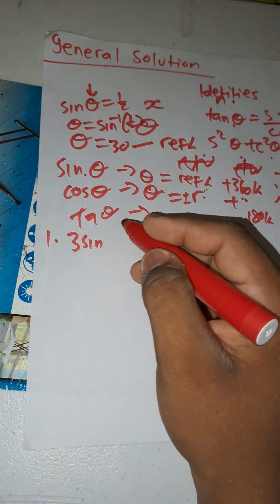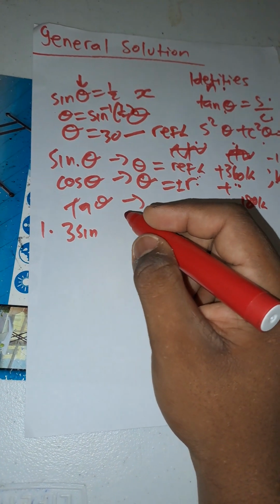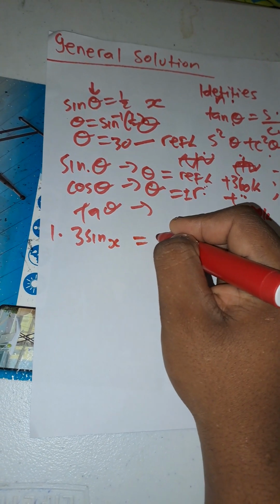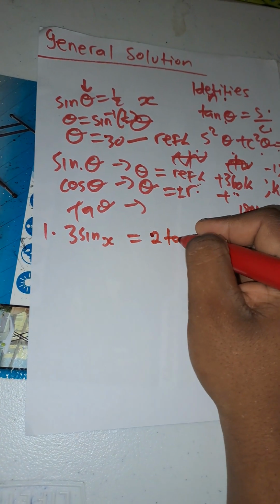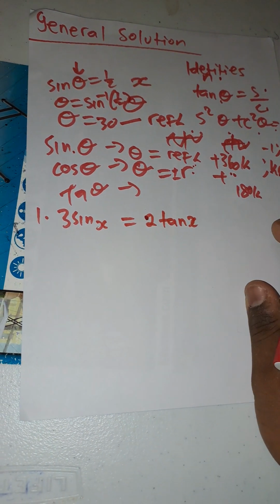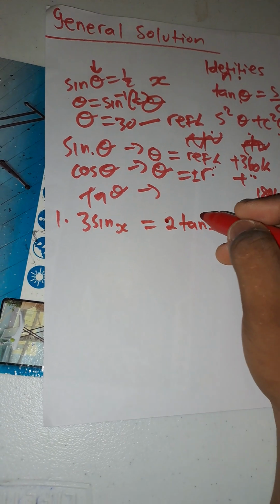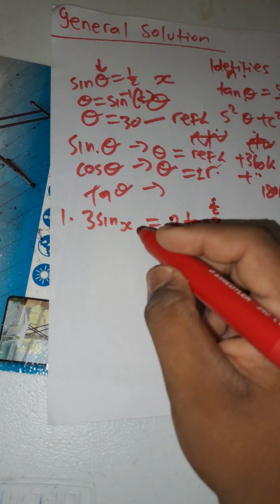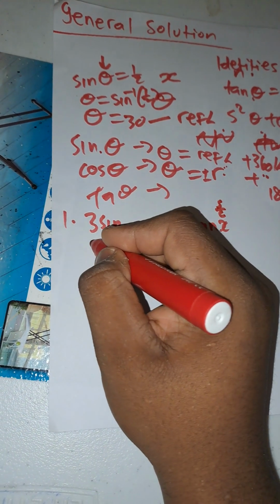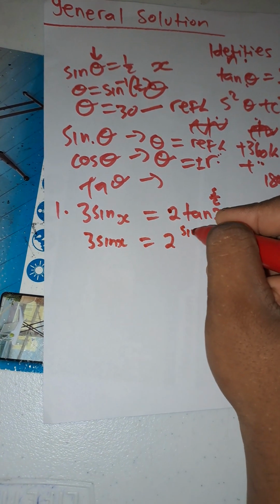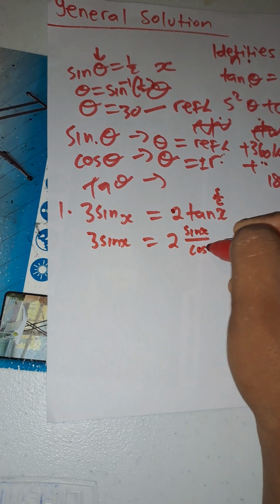So the first example: 3 sine x is equal to 2 tan x. Okay, so what can you do there? You know from your identities, tan is sine over cos. So let's convert it. So it's going to be 3 sine x is equal to 2 sine x over cos x.